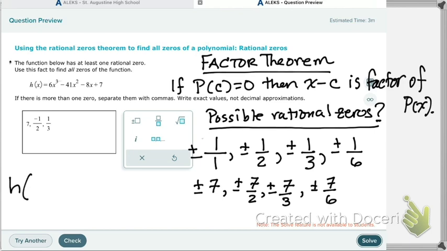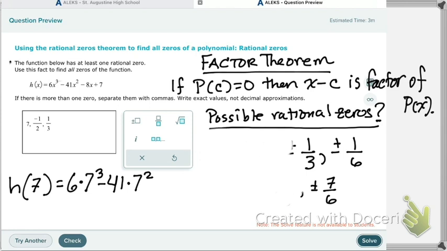So I'm going to go H of 7. All right, this is going to require a calculator for this. So 41 times 7 squared. Actually, I need to give myself some room here and erase some of these. I can come back to them if I need to.